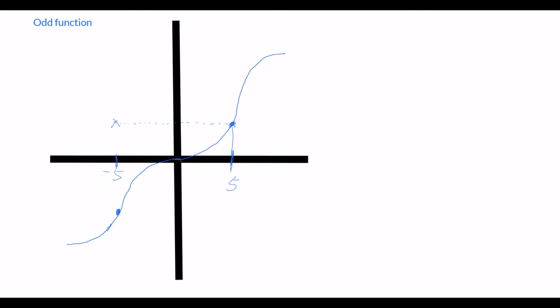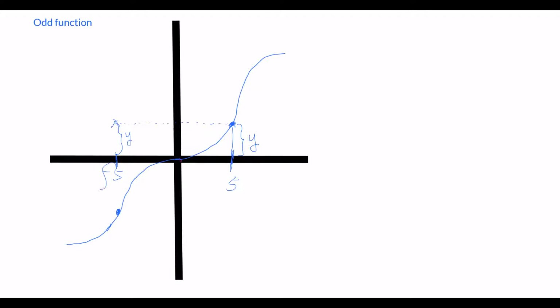Now, when we do the reflections, if this is y, the height of this point from the x-axis is y, and after we have done the reflection to the left, this one is also y.